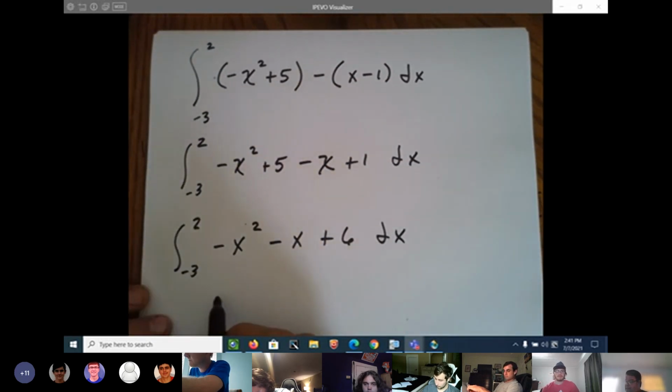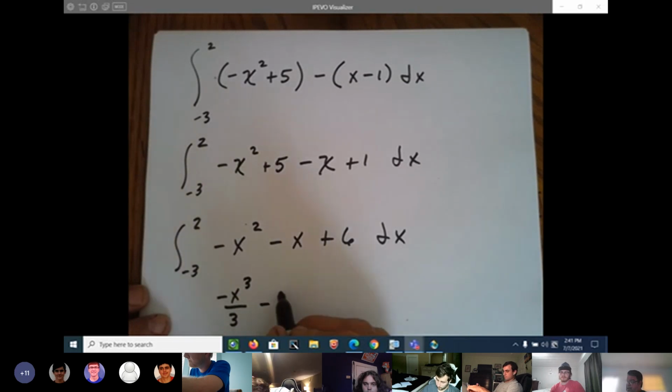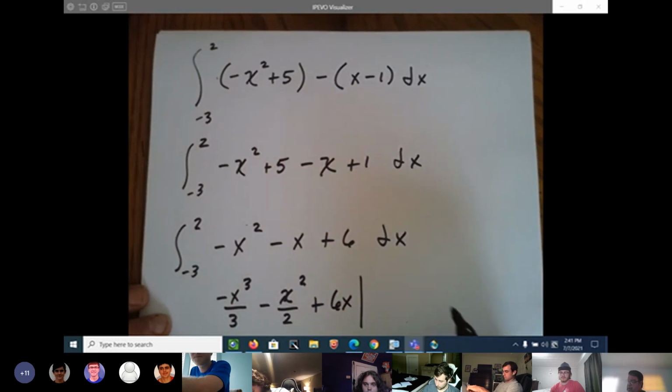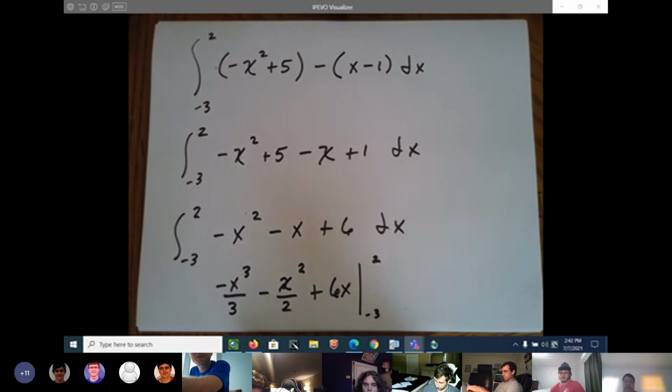And that's going to be negative x cubed over 3 minus x squared over 2 plus 6x evaluated at -3 and 2. So I'm going to go to the next page and we're going to do the math.